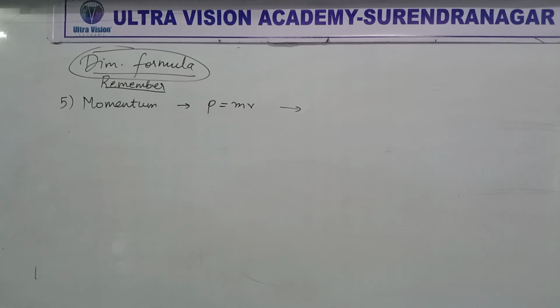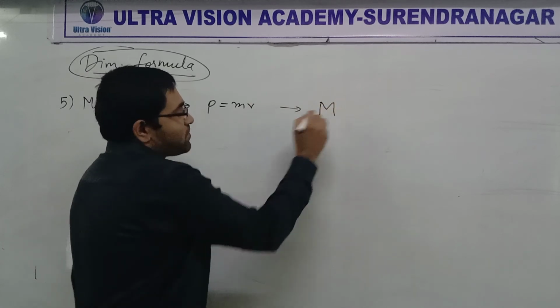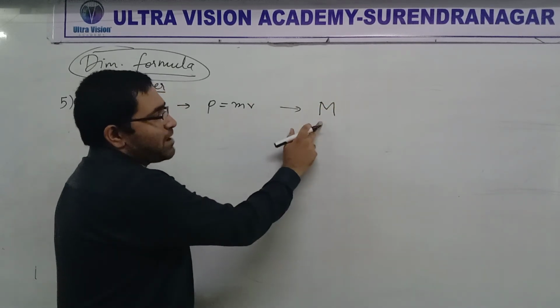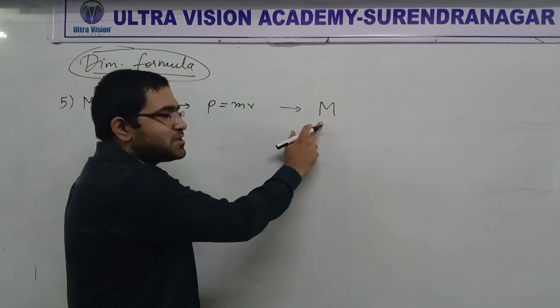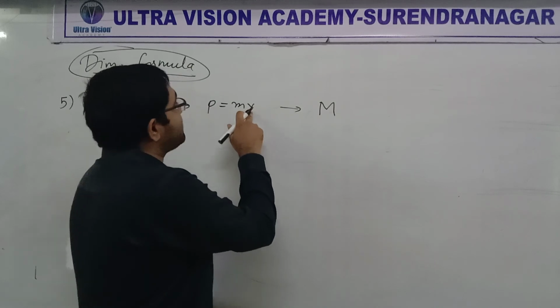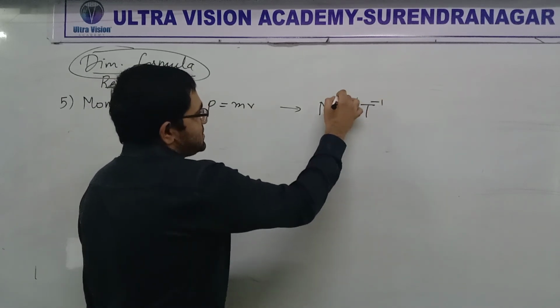Not right there. Be careful. Many of you are getting it right, some of you are getting it wrong as well. Here's the answer. Mass, capital M, from the 7 fundamental quantities, is the dimensional symbol. V, velocity. What's the dimensional formula for velocity? L raised to 1, t raised to minus 1. So this is your final answer.